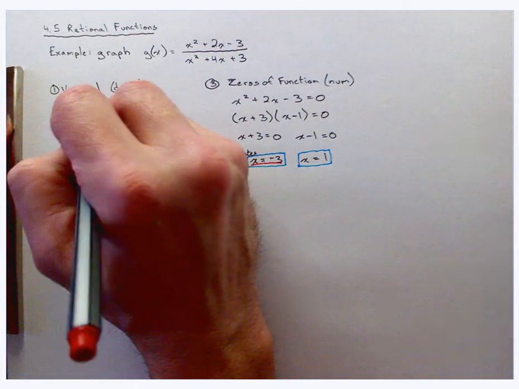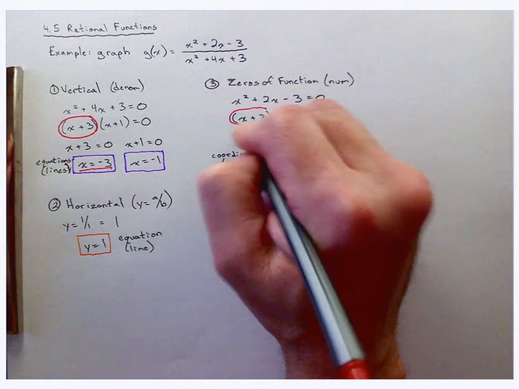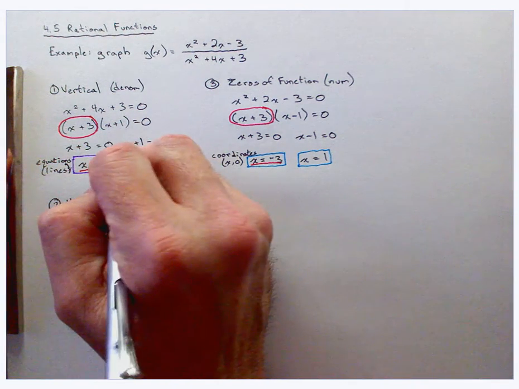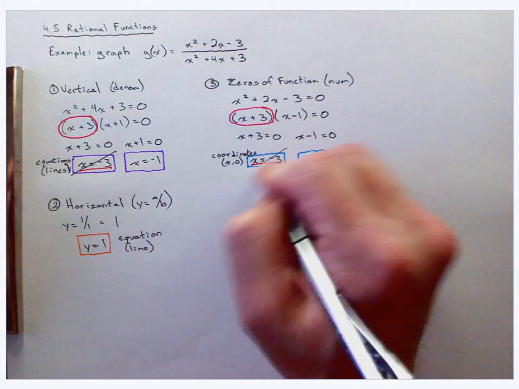I ended up with the same factors in the numerator and the denominator. This is an important concept. Whenever that occurs, I no longer have a vertical asymptote at that spot. And that's no longer considered a 0.